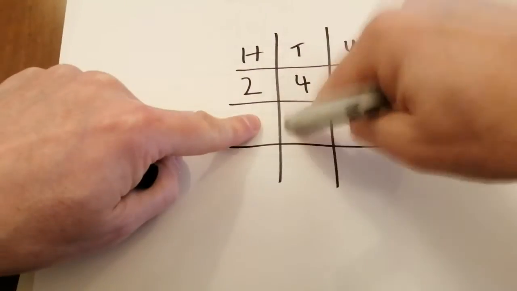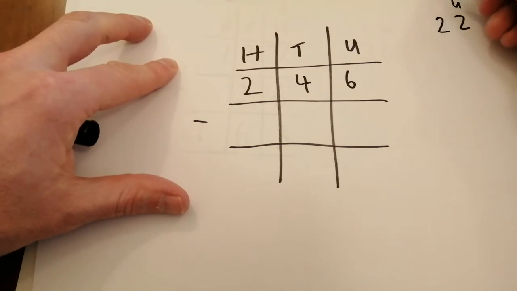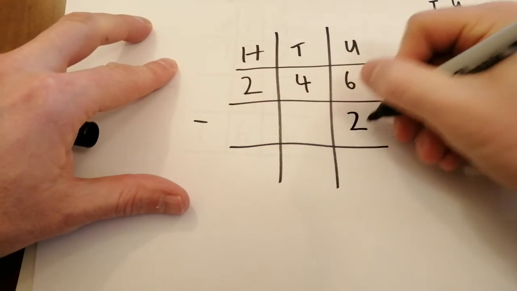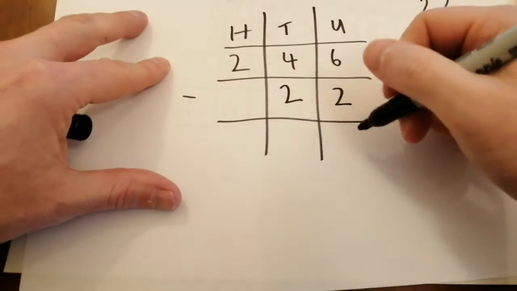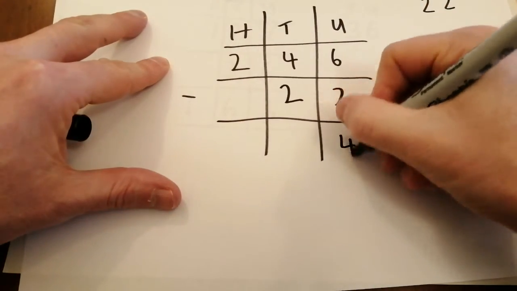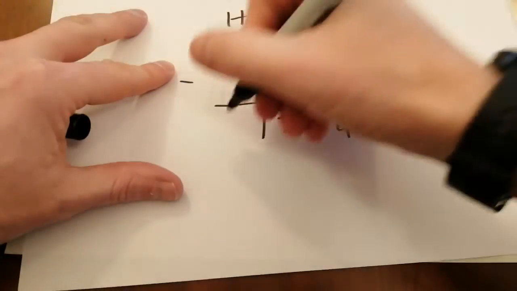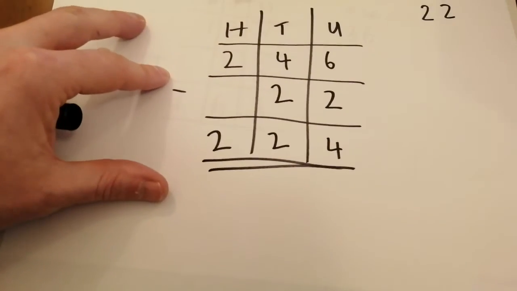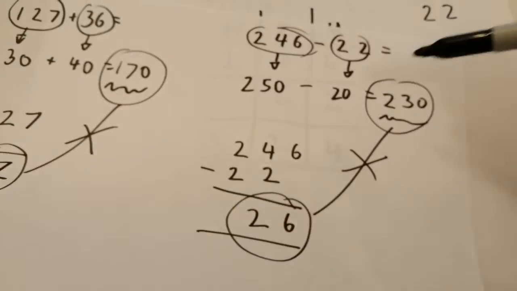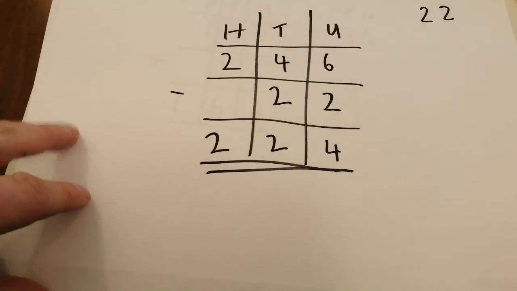Now the person had written a 2 and a 2 in here, but 22, there are 2 units and 2 tens, so the units have to go in there and the tens have to go in the tens column. 6 take away 2, that's easy enough, that's 4. 4 take away 2, that's 2, and 2 take away 0 is 2. Our answer is 224. Remember back to the estimation that we had was 230 earlier. I think my answer is probably correct.